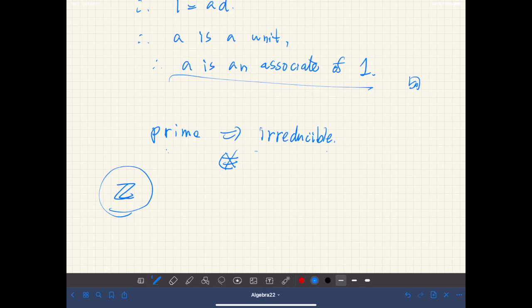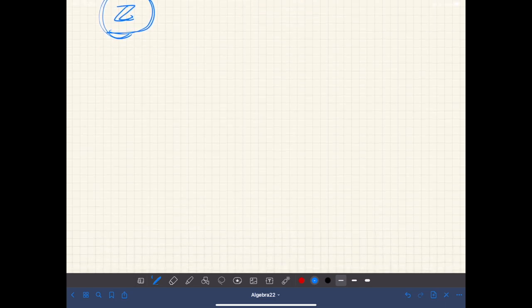And we would like to investigate other integral domains that behave like the set of integers, in which every irreducible element is a prime element. For that, we introduce the following definition.